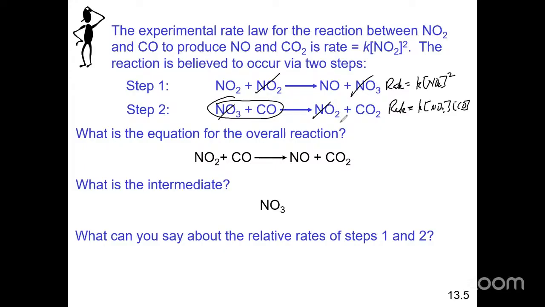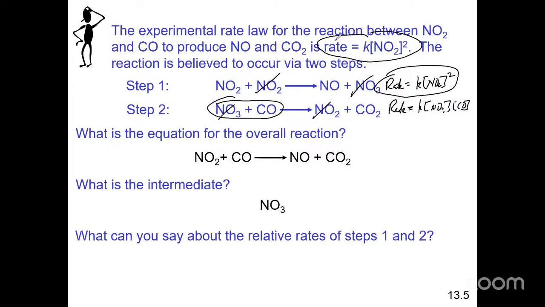So which one would you expect to be the slowest step? The first one. Remember what I said earlier: the slowest step is the one that determines the overall rate of reaction.